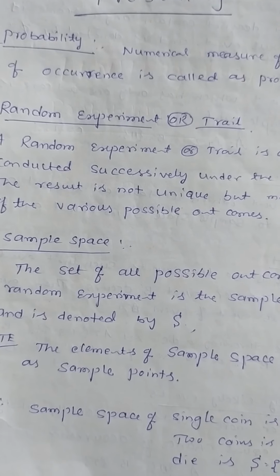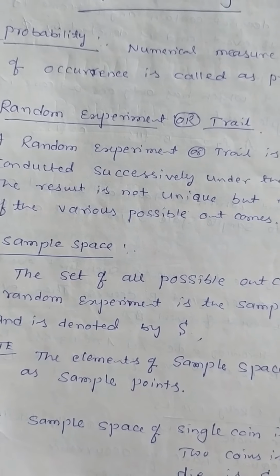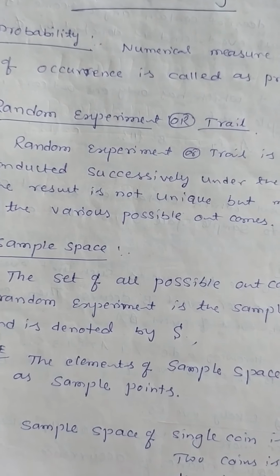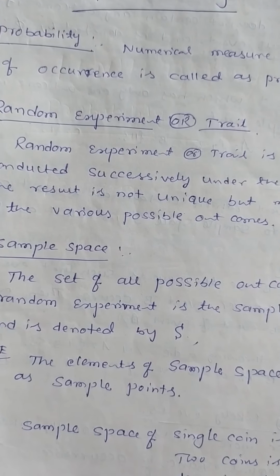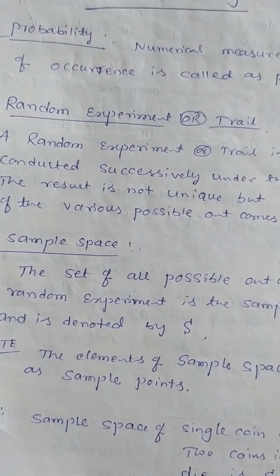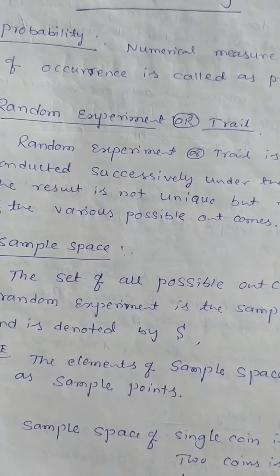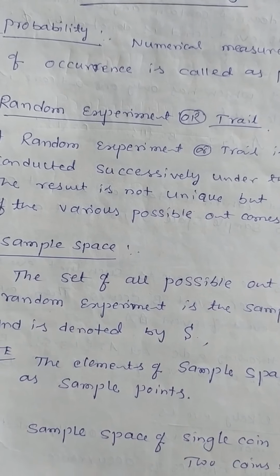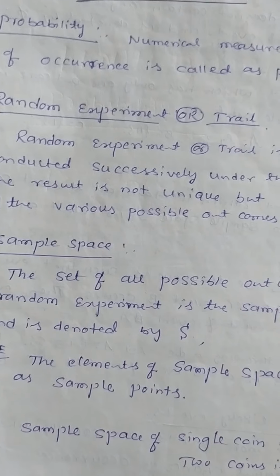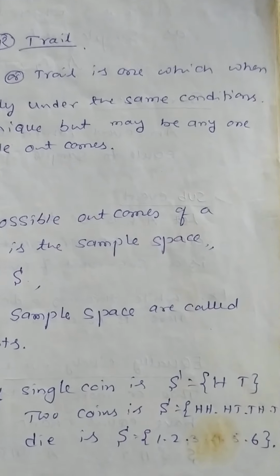We may get head or we may get tail. Then what is the sample space? Sample space is H and T. These two are the outcomes. Other than H and T, it is not possible to get any other outcomes. Then the sample space of a single coin is H and T, head and tail.